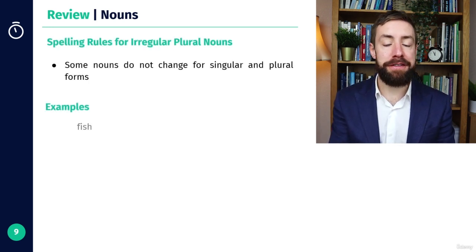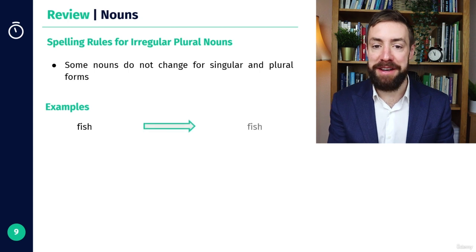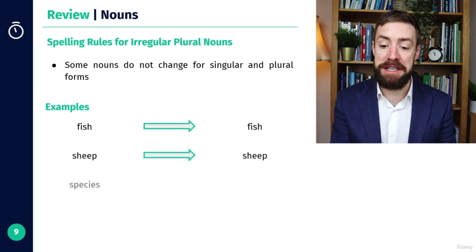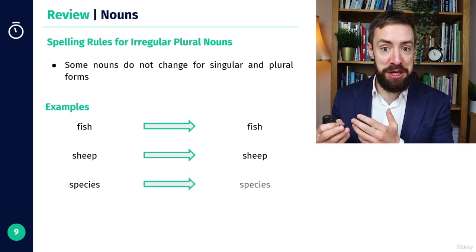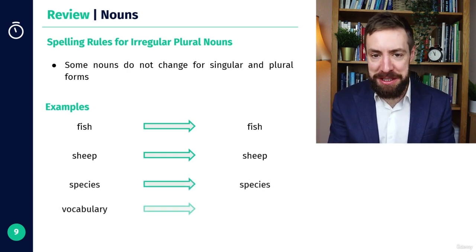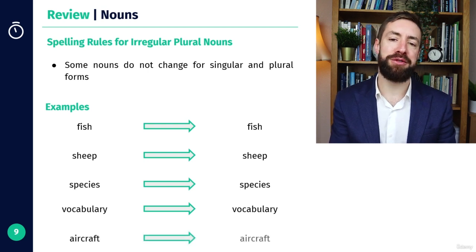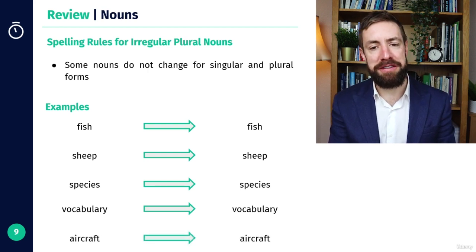So we have fish always stays as fish. It could be 1,000,000 fish, but it's still fish. Sheep, sheep. Species is species. Vocabulary is vocabulary. And aircraft would be aircraft. Those are just 5 examples.